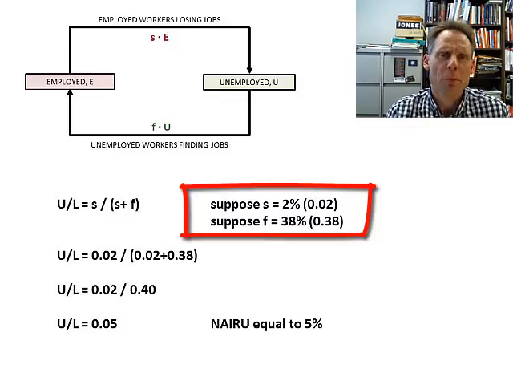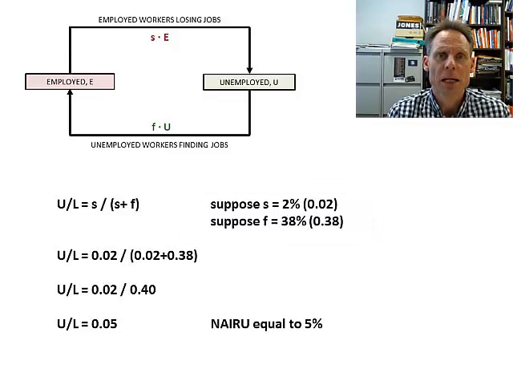That is, about 4 out of 10 people who are currently unemployed will actually find a new job every month. If we plug these values in, we can see that 0.02 divided by 0.02 plus 0.38, 0.02 divided by 0.4, is equal to 5%. That's our NAIRU. This is what the long-run average unemployment rate will tend to be.